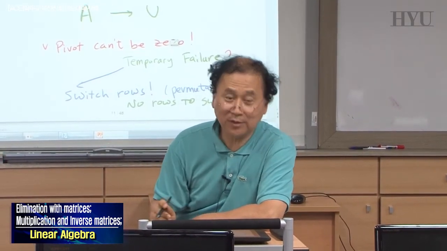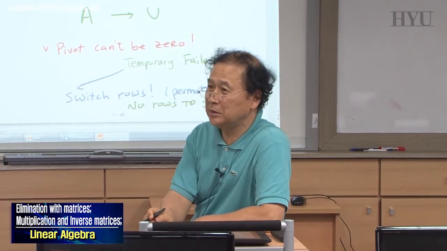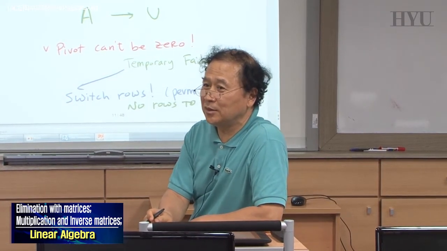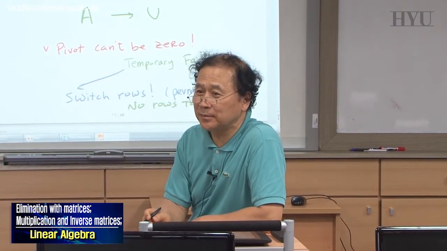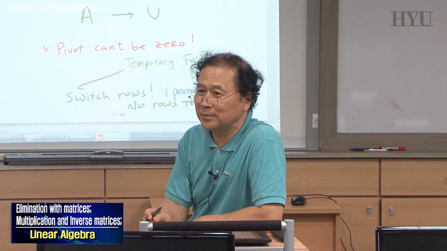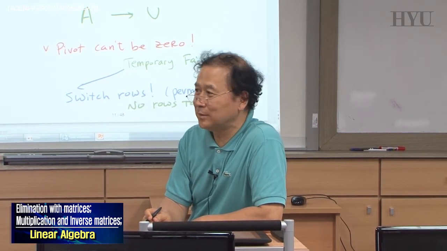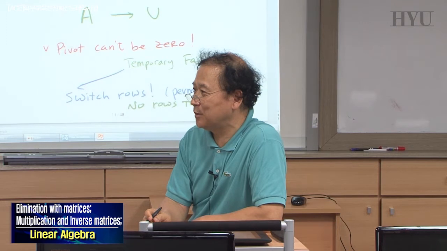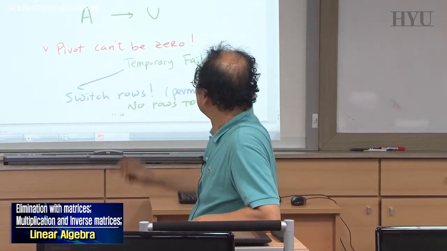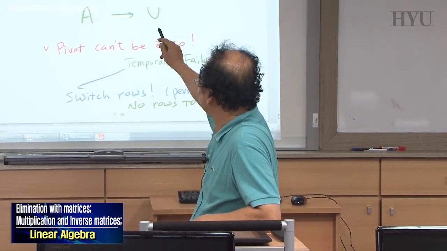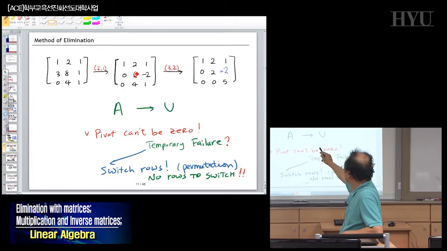How about when you have a 0 instead of 2? Once you have a 0 and minus 2, there is no way to progress anymore, right?